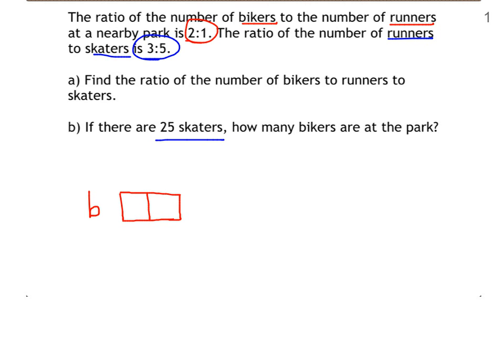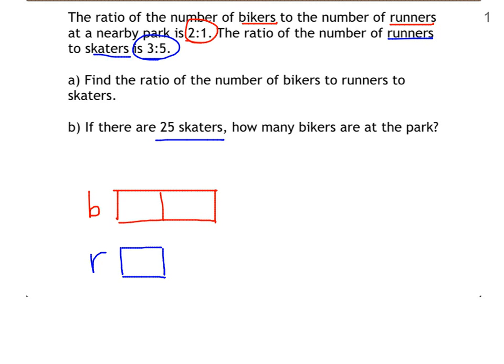You know what, I think I made that a little bit too small, so let me get out my eraser, and I'm just going to create this one more time. There's a method behind my madness, but let me represent those bikers with a unit bar that's slightly longer, but two parts. That gives me a little bit more room to create the model for my runners. And remember, the ratio was originally 2 to 1, so my runner should get 1 unit.